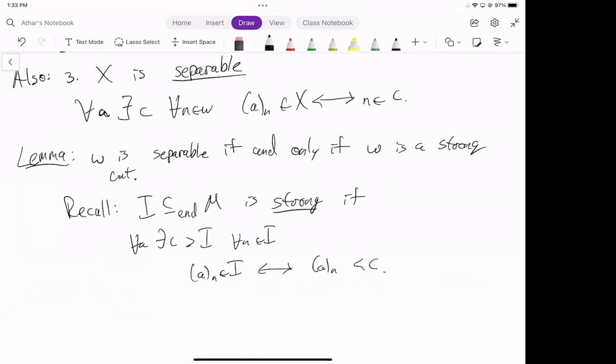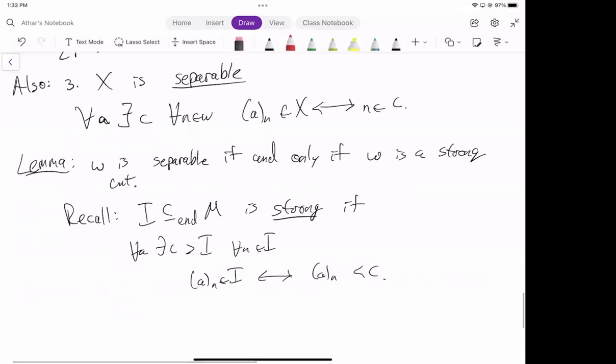Okay. If you go through these two definitions, it's essentially an exercise to prove this lemma. I'm happy to come back to it, but I'll just leave it up for a second and let people think about it. But it's essentially an exercise.